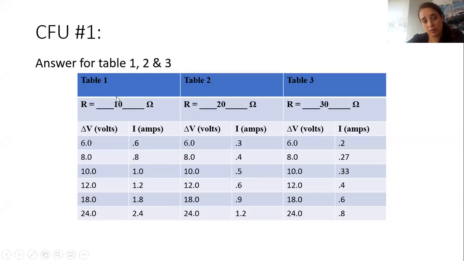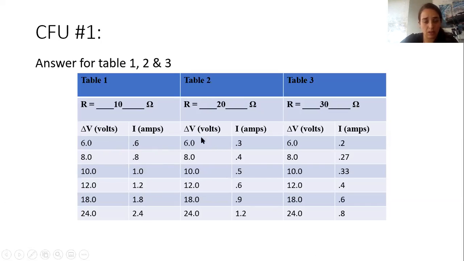Right, so you should have found that the resistance for the first light bulb is 10, and then the resistance for the second light bulb would be 20, and the resistance for the third light bulb is 30. And then here, in the first example that I modeled for you, the current was 0.6, and then as the voltage increases, the current increases in this way.